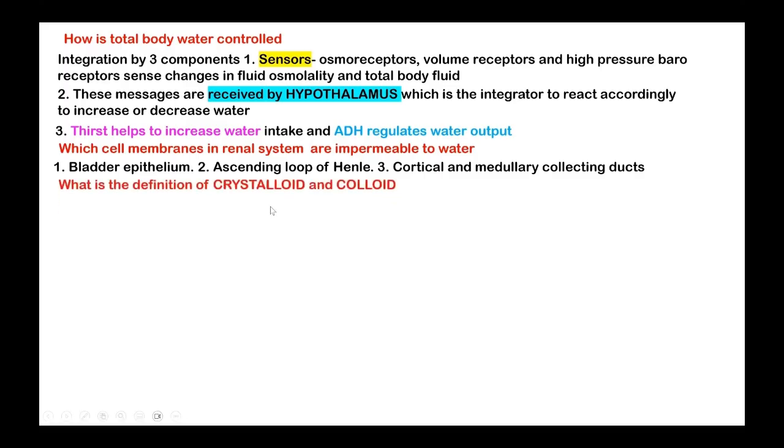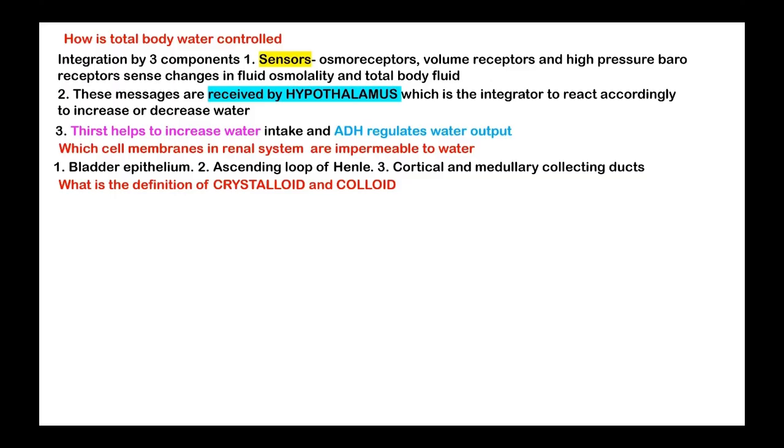What is the definition of a crystalloid and colloid? How do you define crystalloid? How do you define colloid? Crystalloids are small molecules. Do they go out of the compartment easily?